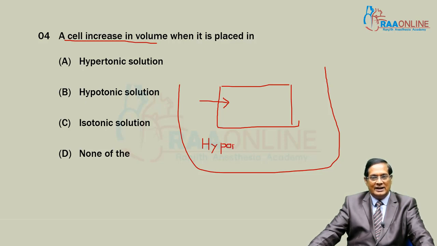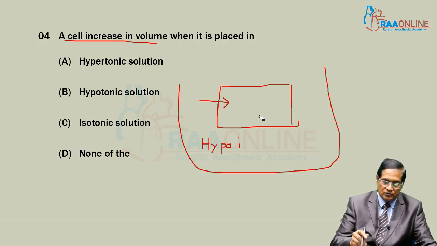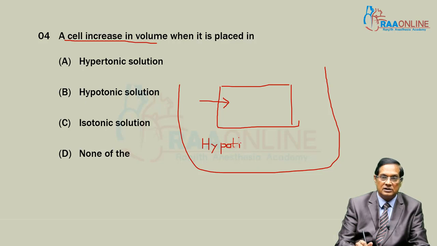What is hypotonic solution? The solution whose concentration is less than the concentration of cell sap. Such a solution is known as hypotonic.